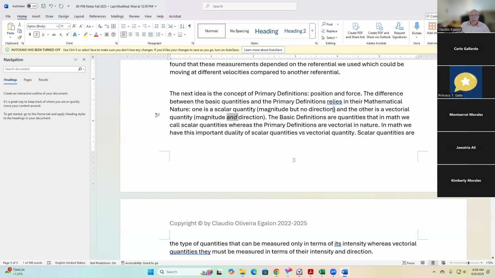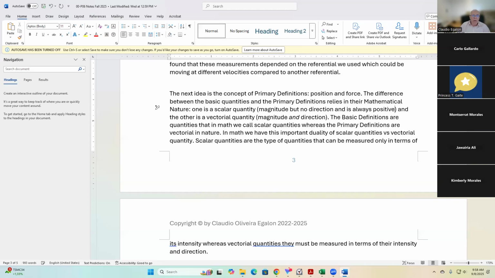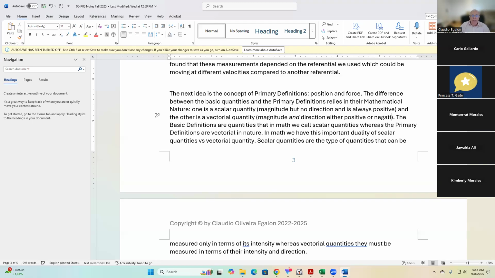A scalar quantity is always positive. No direction, always positive. These vectorial quantities can be either positive or negative. Very important difference between those two concepts.